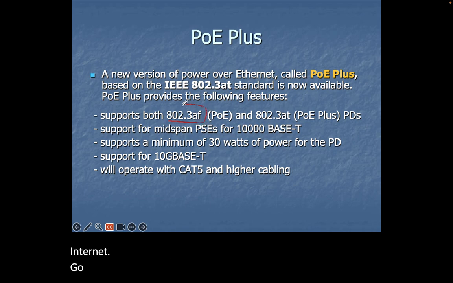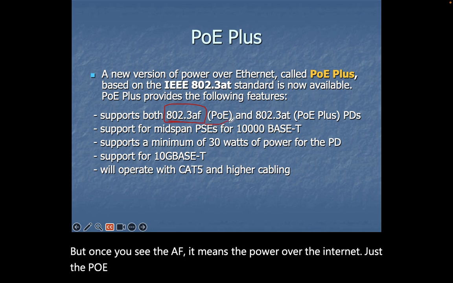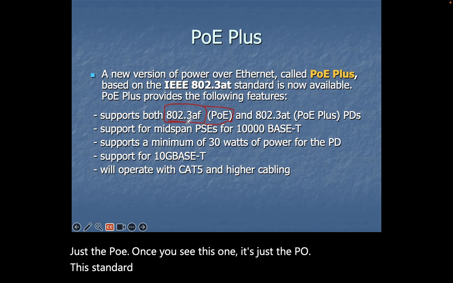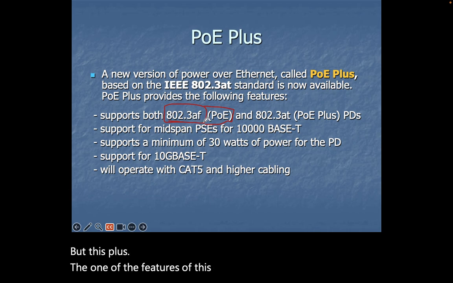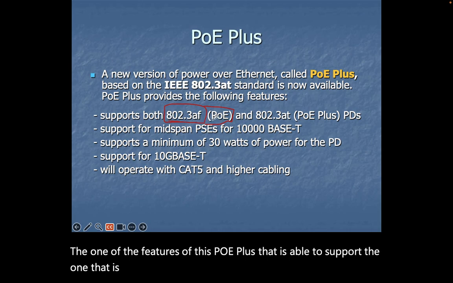Once you see the af, it means just the PoE. This is the IEEE standard 802.3af. But one of the features of this PoE plus is that it's able to support the one that is not the plus standard.